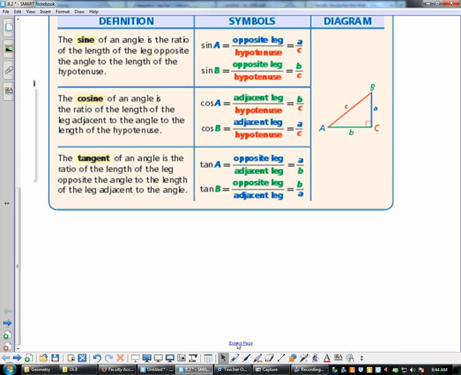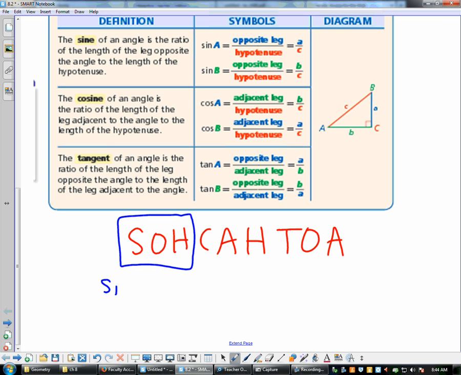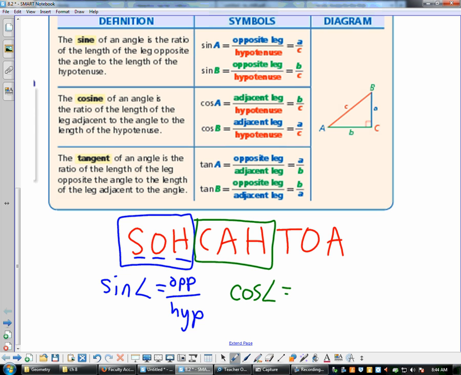SOHCAHTOA. So SOHCAHTOA is a way of remembering all of these words that you see here in this table. Because the SOH, if we take this part first, stands for the sine of an angle is equal to the opposite over the hypotenuse. And then if we take a look at CAH, that would be the cosine of an angle is equal to the adjacent leg over the hypotenuse.